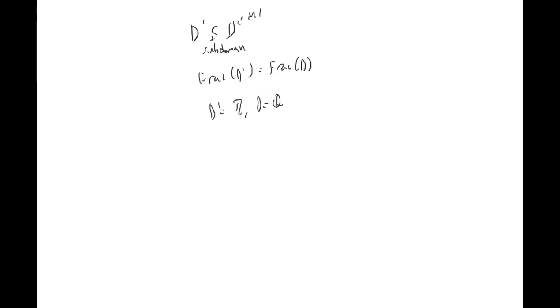Basically, you want D prime a subdomain of D, so strictly not equal. Fraction field or quotient field are the same, right? The trivial example would just be let D prime be Z, D be Q. Yeah, so this is an integral domain.